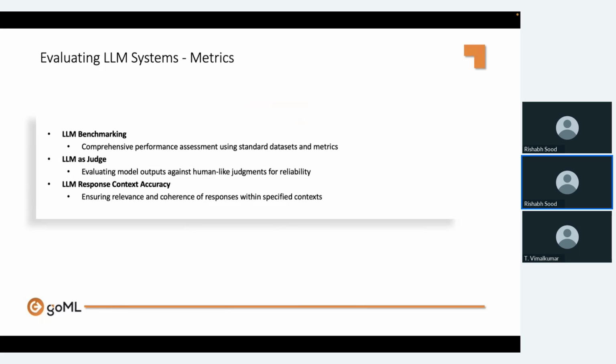LLM models are usually use case sensitive. For some use cases, GPT-4 could work best. For some use cases, Claude might work best, or for some use cases, Llama might work best, right? They are use case sensitive.